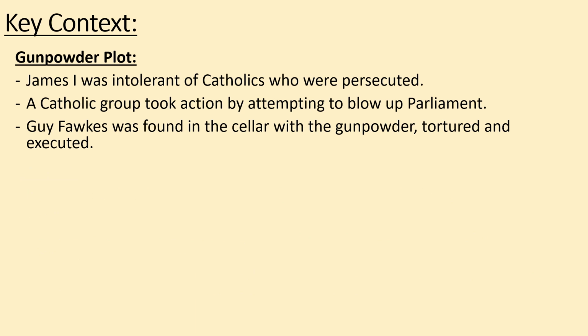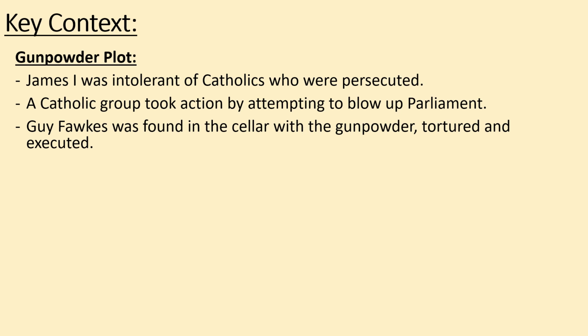So we've also got the Gunpowder Plot, which took place the year before the publication of Macbeth. So at the time, the country was Protestant because James I was, and he was intolerant of Catholics, and they became persecuted under his reign. So a Catholic group decided to take some action, and they tried to blow up Parliament while the king was in it.